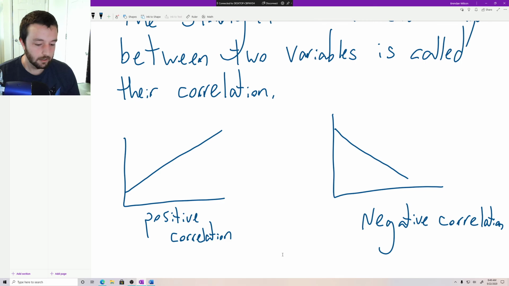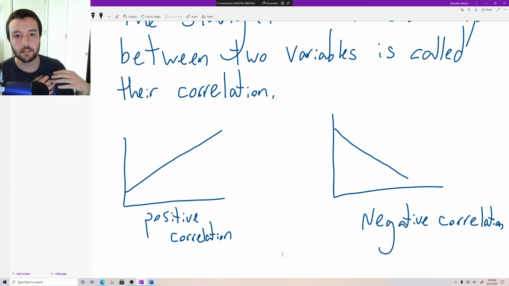Okay. For example, you'll often see things saying like diet soda causes obesity. Okay. Which there's no data to show. What the data shows is that as more people drink diet soda, they tend to be more obese. But these are just two things that are correlated that are usually caused by something else. Like, for example, maybe the person has diabetes, which causes them to need to drink diet soda, which is also a factor in their obesity.